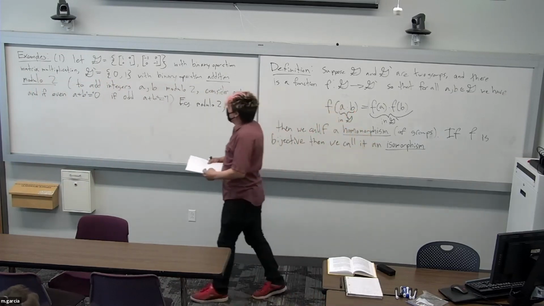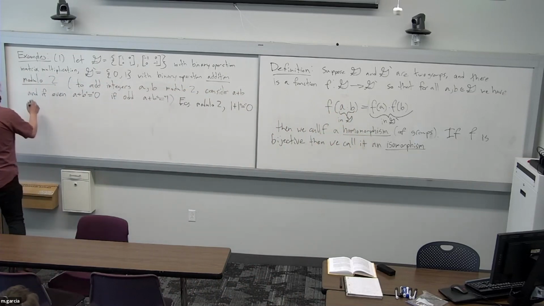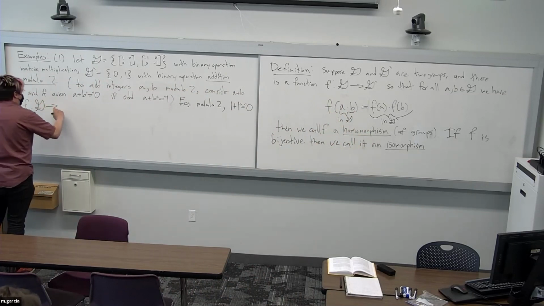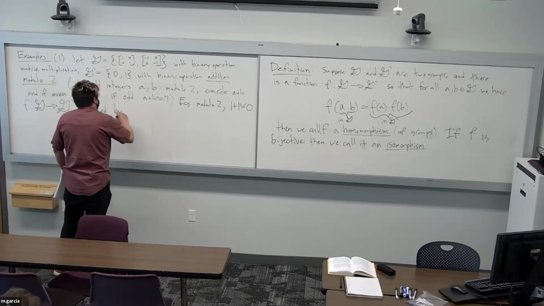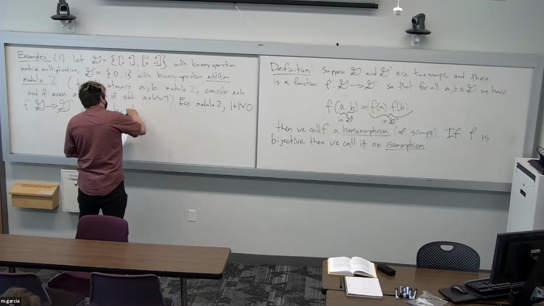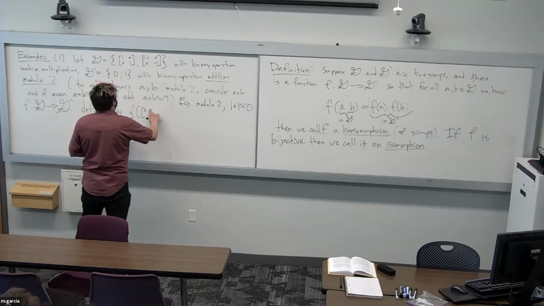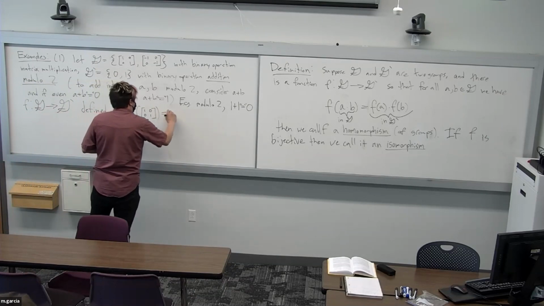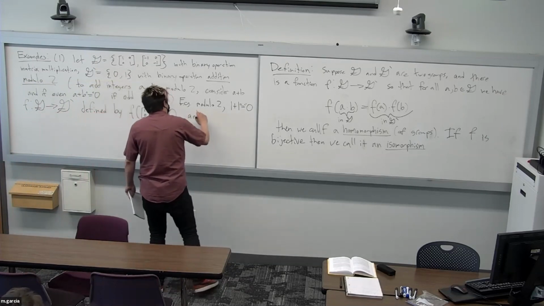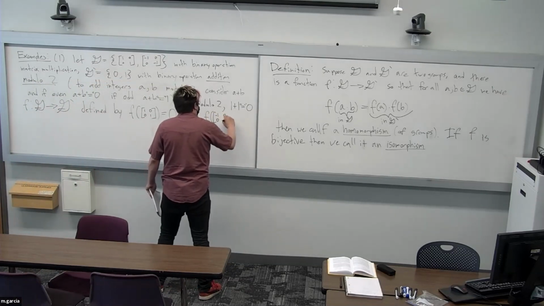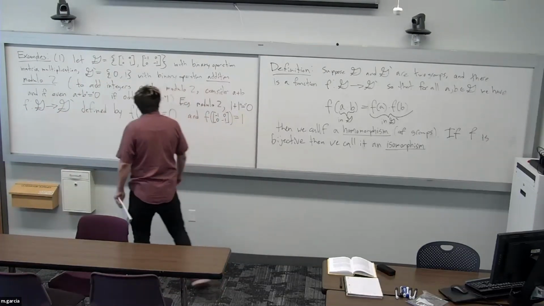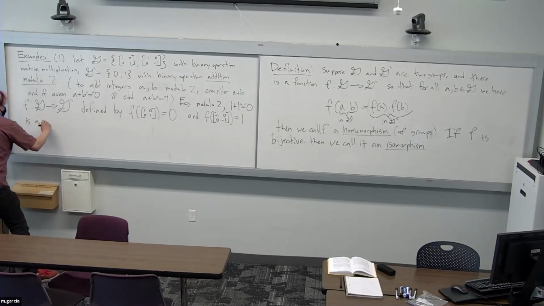And I claim the function f from G to G prime defined by f of the identity matrix is equal to 0, and f of the negative of the identity matrix is equal to 1, is an isomorphism.